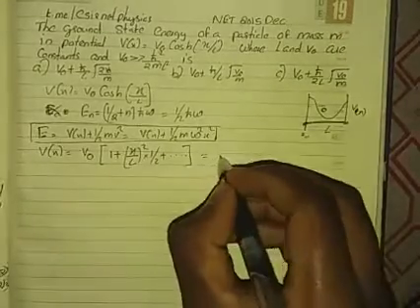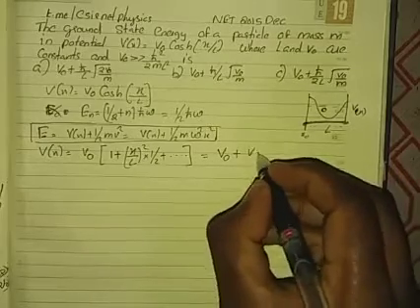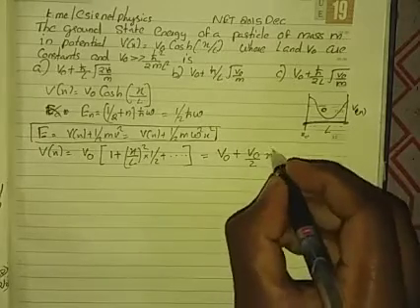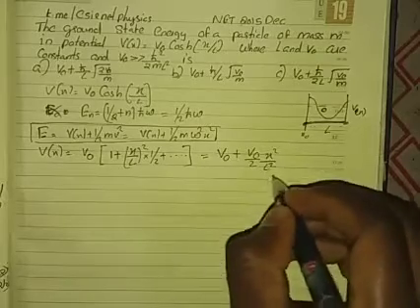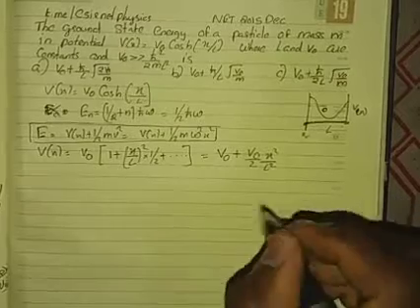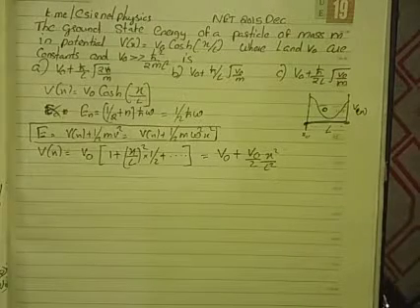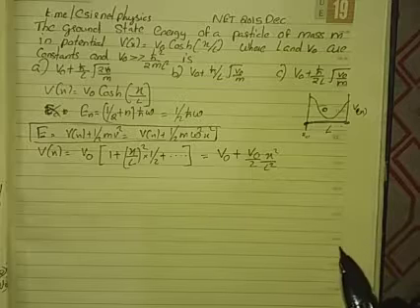So we can write V0 plus V0 by 2 times x square by L square. This is how the potential, or energy, looks.